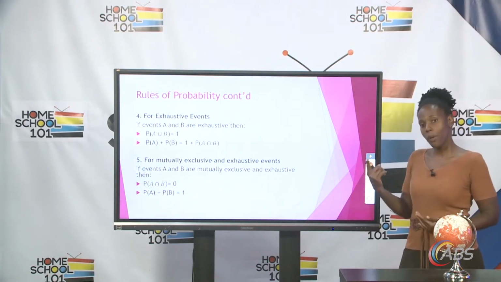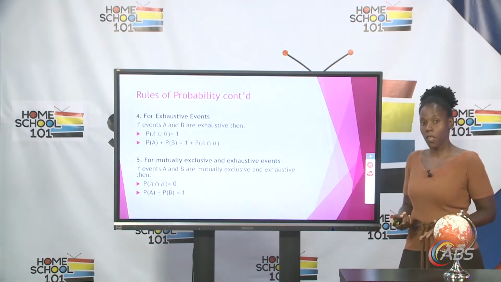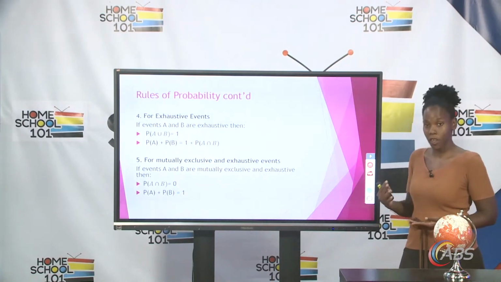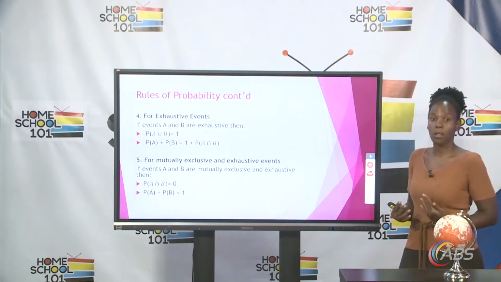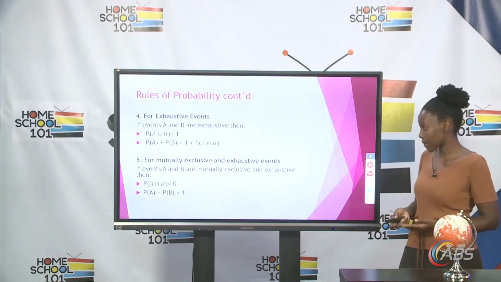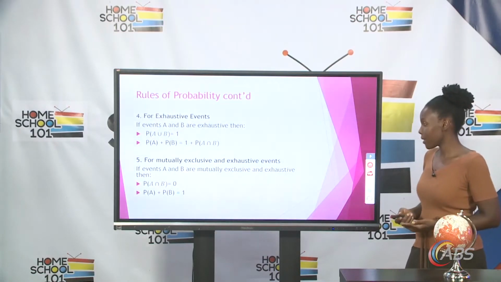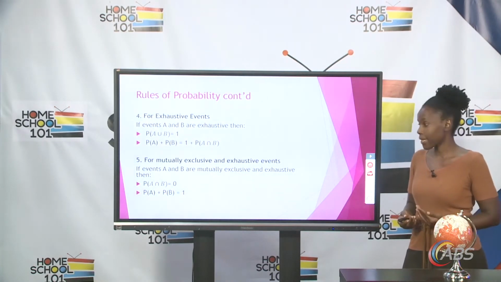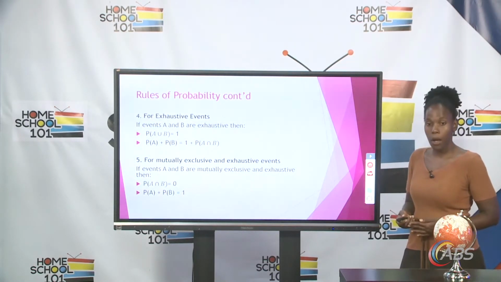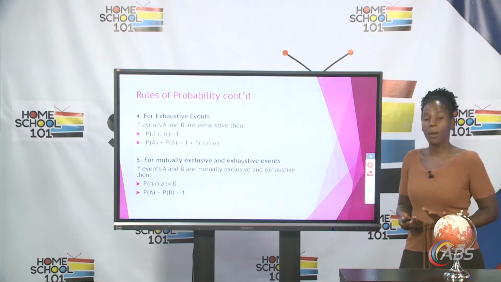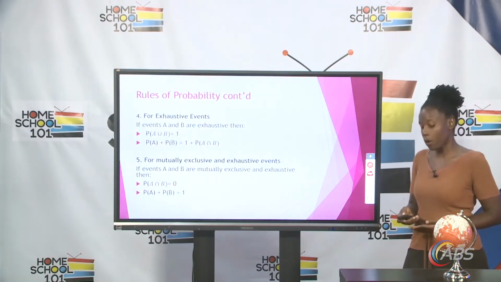Usually when we look at all the other rules, we're simply applying the general rule to find what the other rules are for the various events. Now, if the events are mutually exclusive and exhaustive, then the probability of A intersect B is equal to 0, and the probability of A plus the probability of B is equal to 1.